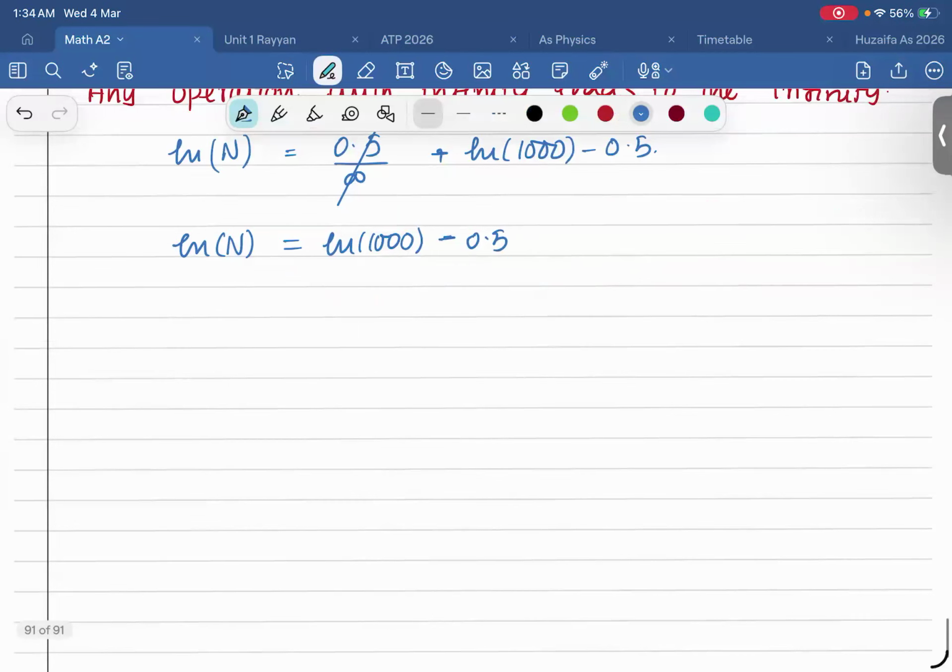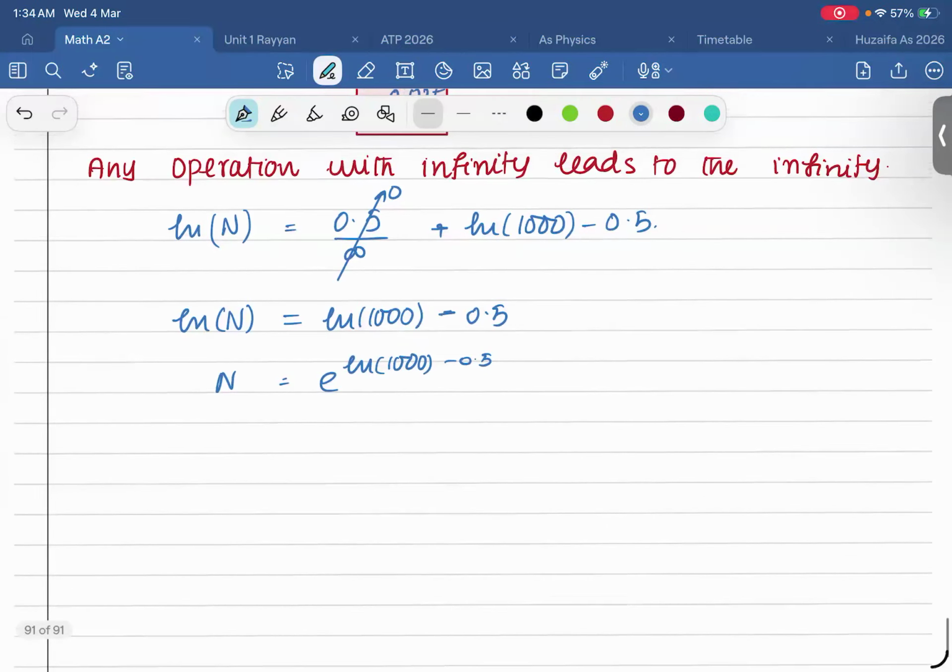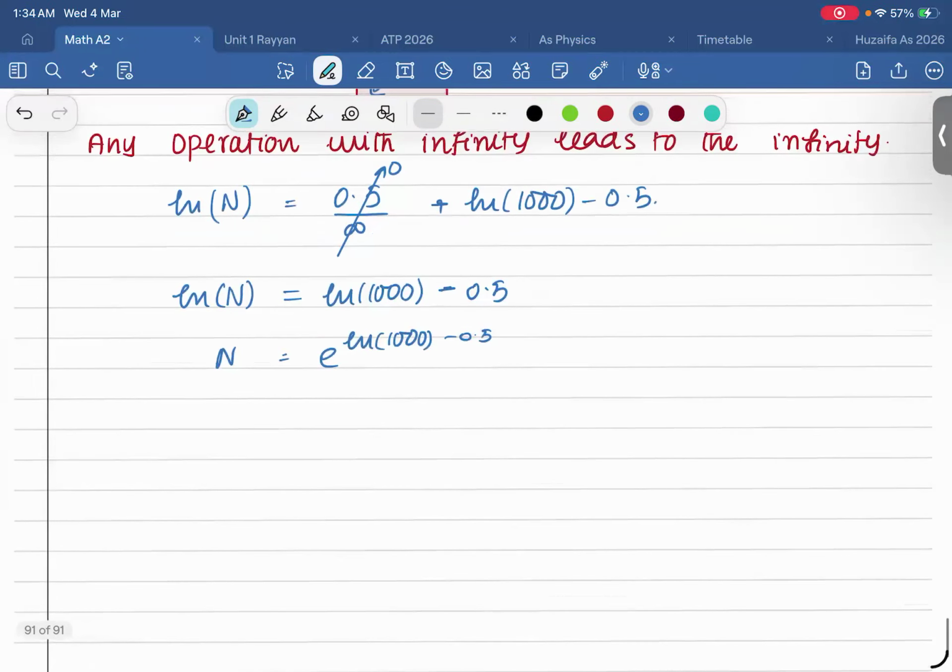Take the exponential, so it would be e to the power ln 1000 minus 0.5. So this is what will happen as t becomes large. Is that clear? Yes. So this will be the result.